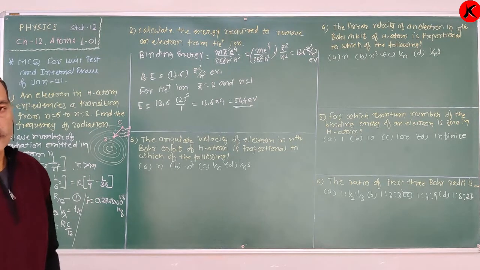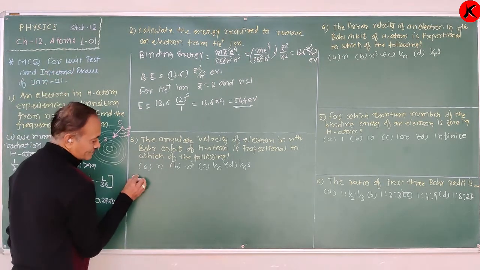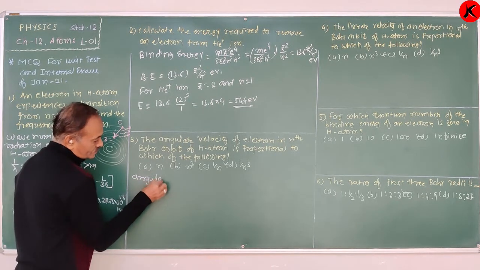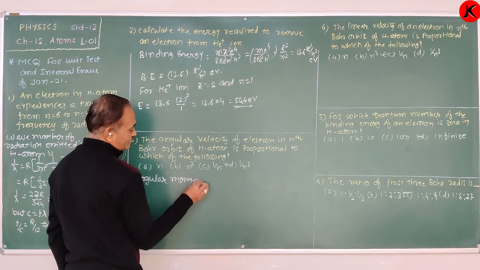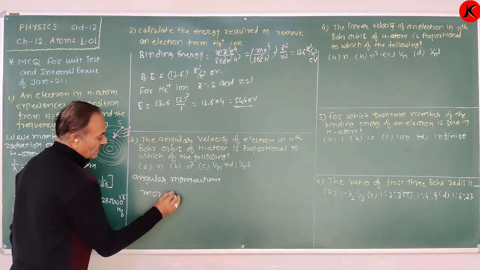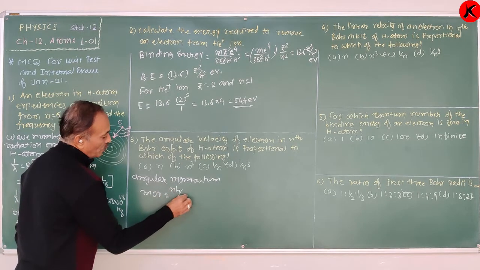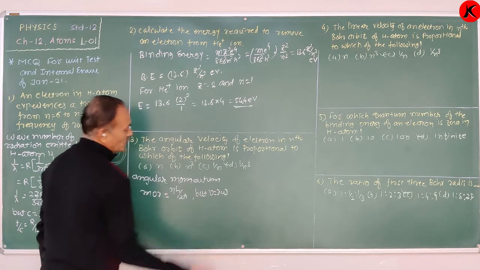So we know that from Bohr's hypothesis, angular momentum mvr is equal to nh upon 2 pi. But we know that v is equal to r omega.